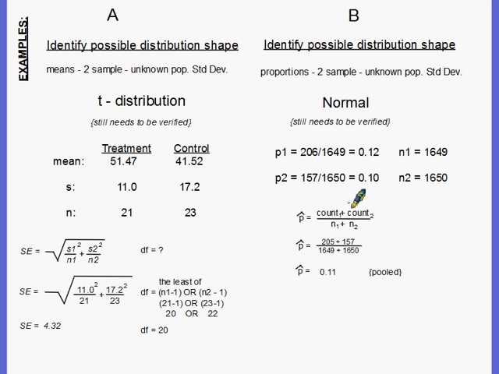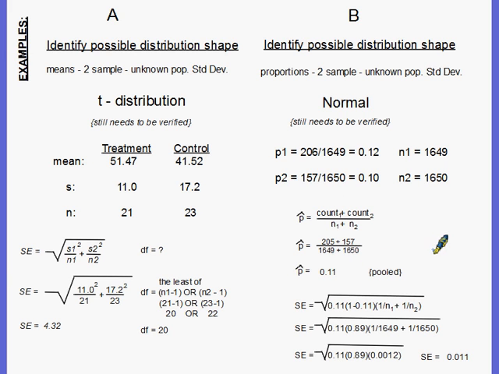So here is the pooled proportion, which does make sense, especially because the sample sizes are so close, so it would be pretty close to the average of these two. Now, if the sample sizes aren't equal, then this won't necessarily be in the middle. So here's our pooled proportion, and then we're going to use that standard error equation, giving us that standard error in the end.